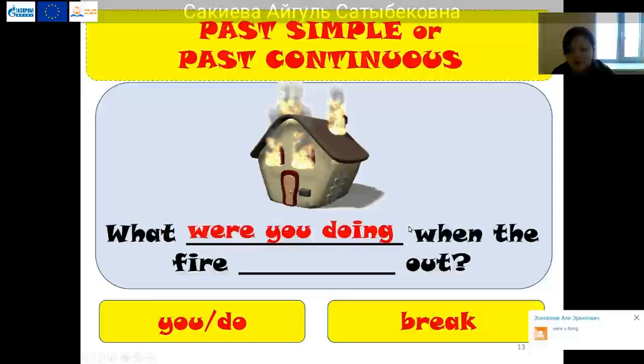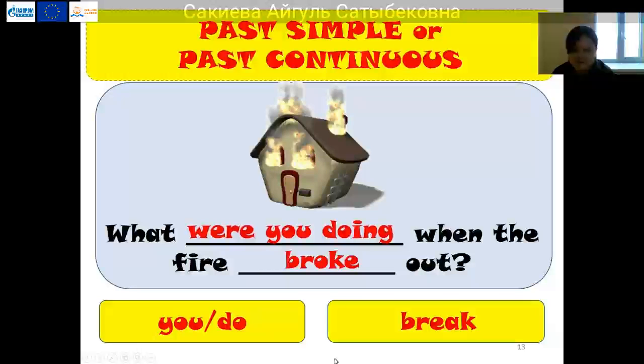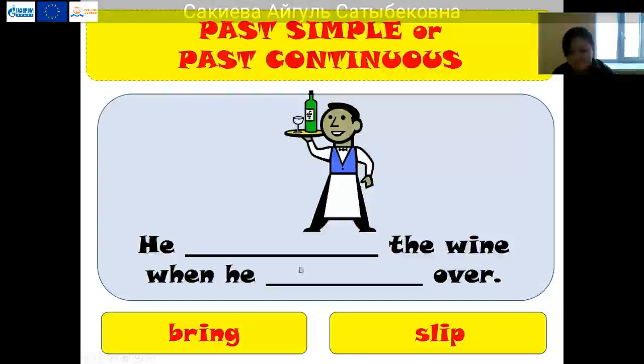What were you doing when the fire what? So we need to use this word. So what's the past form of break? Yes, broke out. What were you doing when the fire broke out? It means when the fire started. Okay, next.